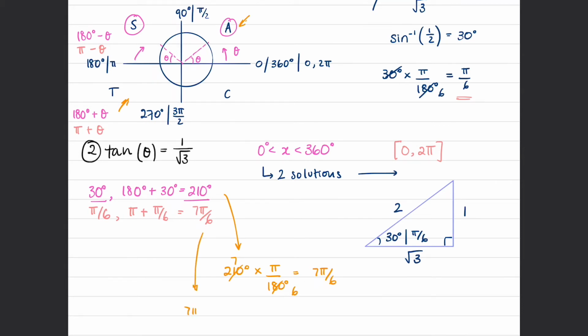So we could have done 7 pi on 6 times by 180 divided by pi, and that would simplify to 210 degrees. However, I do want you to start practicing using the unit circle to find our angles as well. But just keep in mind it is a good skill to have to be able to convert between degrees and radians.